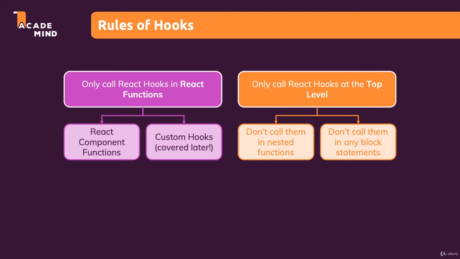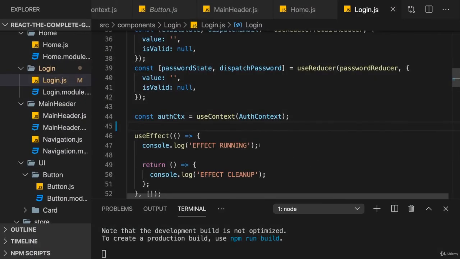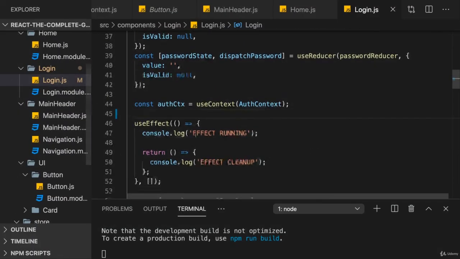There is a third rule which I want to add here, not directly related to all hooks, but to one specific hook. And that's the useEffect hook. There, make sure that you always add everything you refer to inside of useEffect as a dependency, unless there is a good reason not to do that, I should add. And to make it clear what I mean, let's again go to the login component.